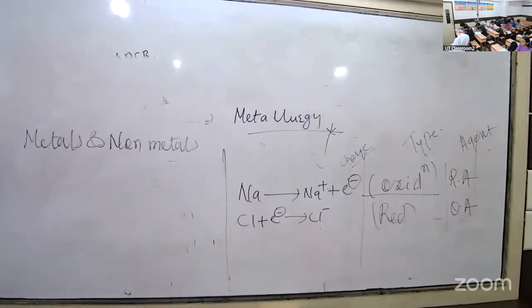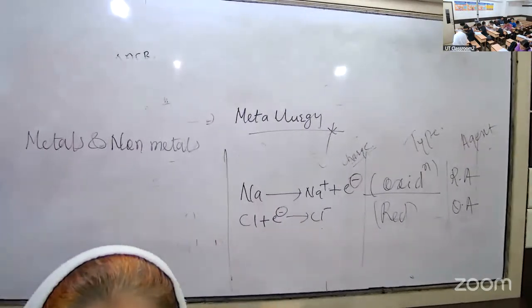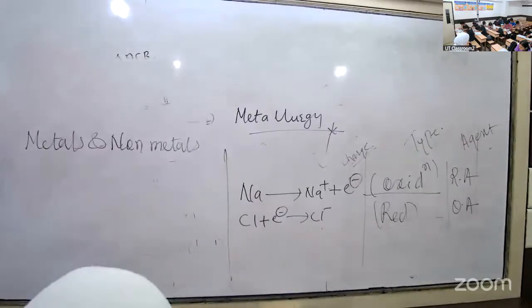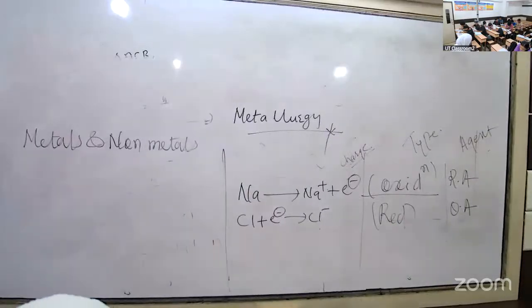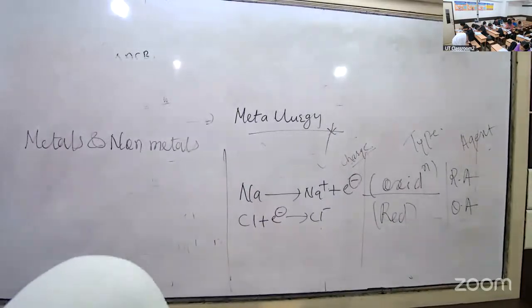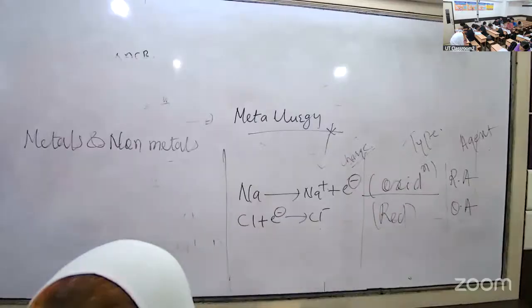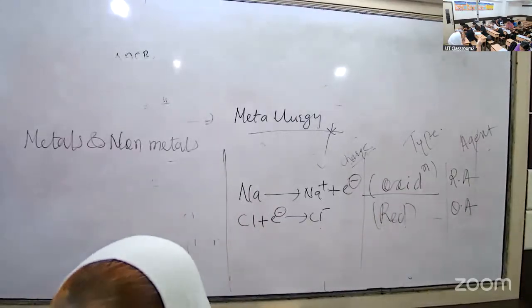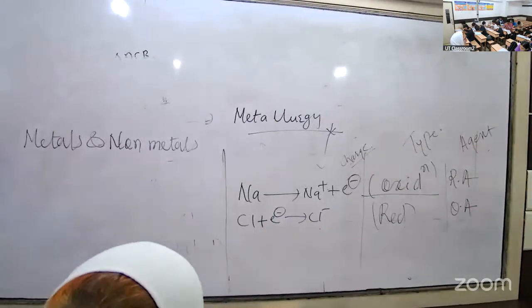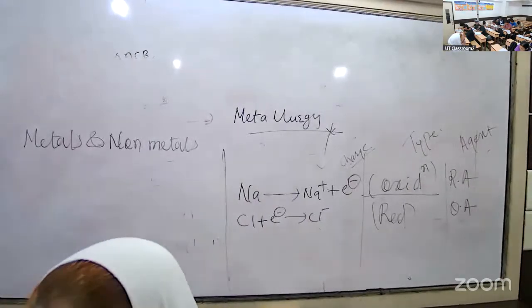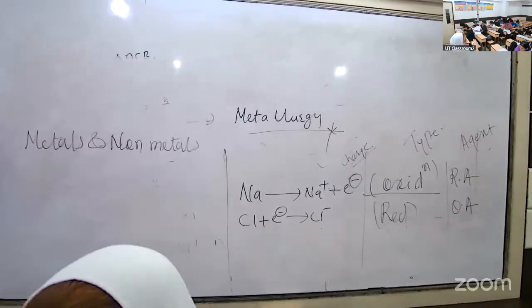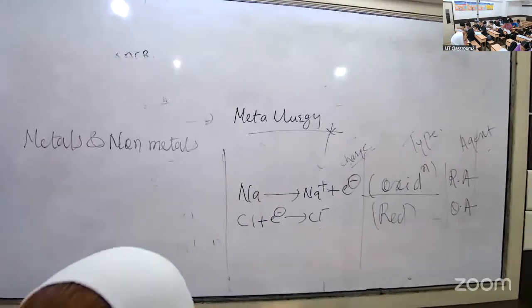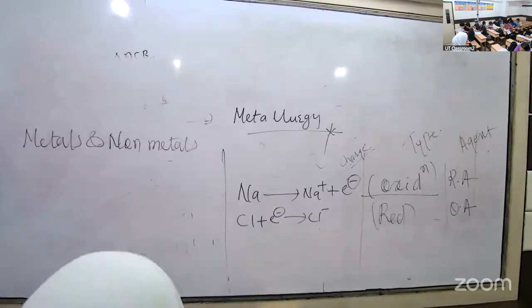The arrangement of elements in the decreasing order of reactivity, and underline that term, decreasing order of reactivity. From top to bottom reactivity decreases, and from bottom to top it increases.